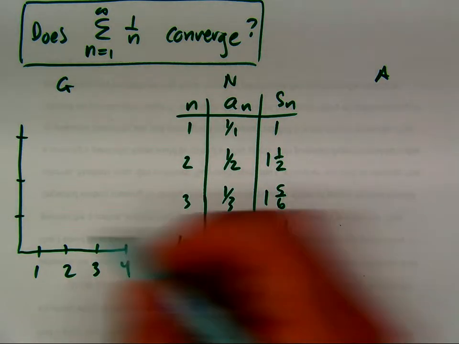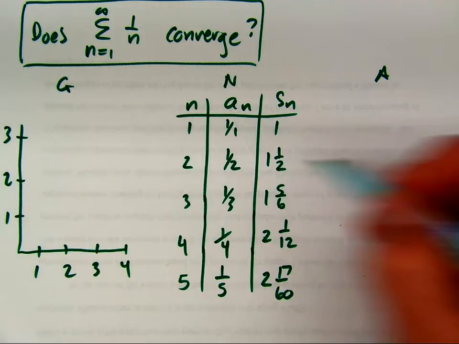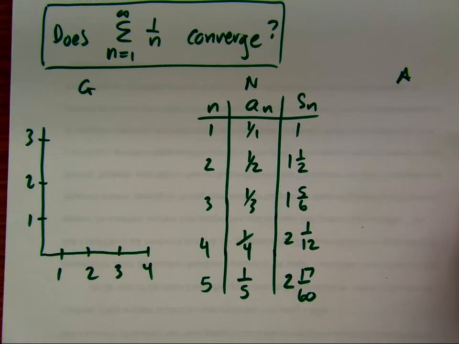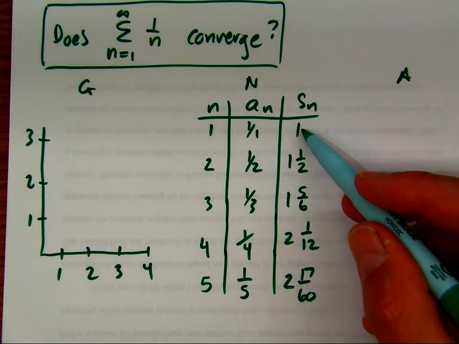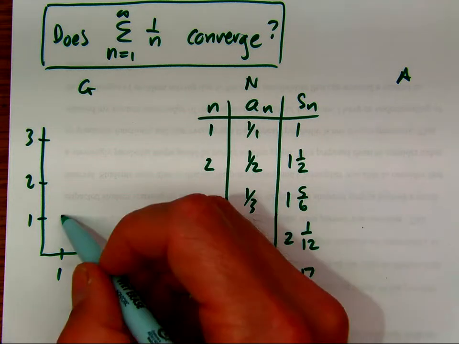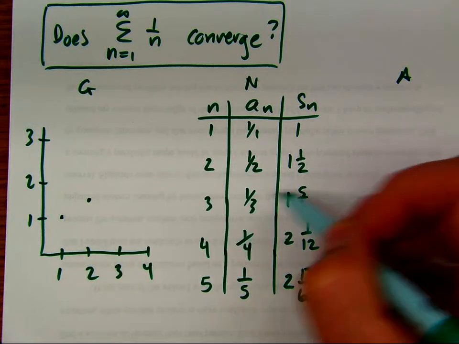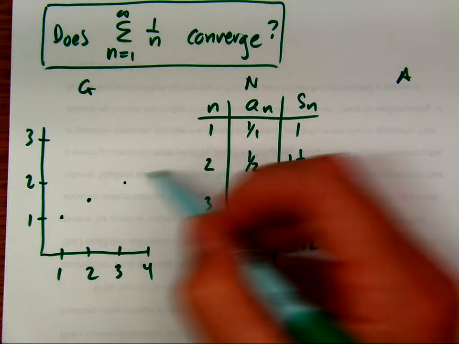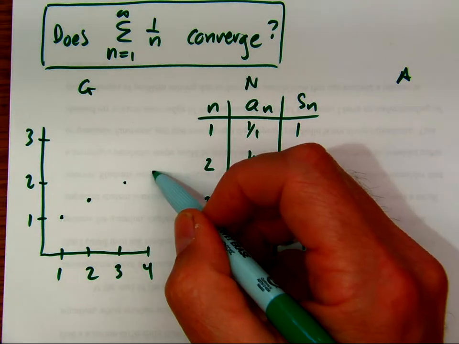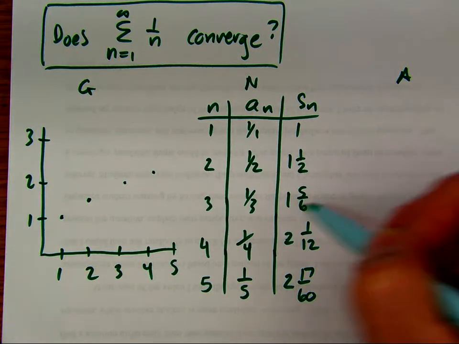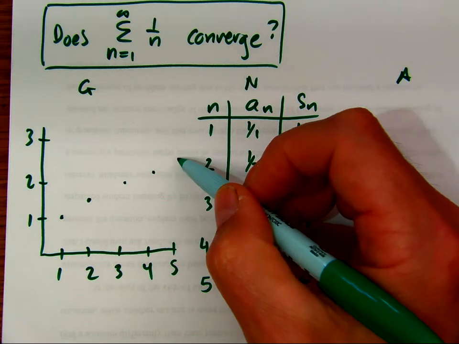So when we look at the graph of the sequence of partial sums. At 1, we go to 1. At 2, it's 1.5. And we go to 1 5/6, 2 1/12, 2 17/60.